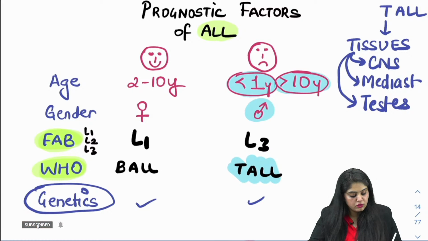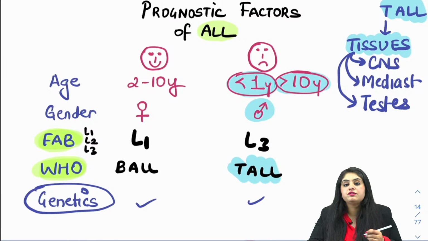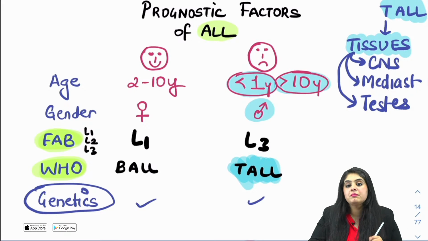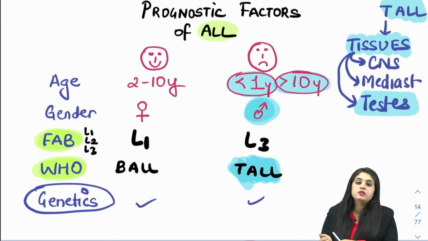So put your common sense into it. Obviously, if a blood cancer goes into all these tissues, it's going to be bad. And it's going into the testes, so which gender is going to be bad? That is the reason that I told you that males have a bad prognosis, because this cancer can go into the testicular tissue. I hope that is okay with everyone. So we've got brain, mediastinum, testis.